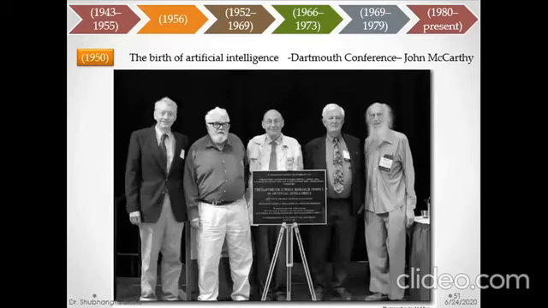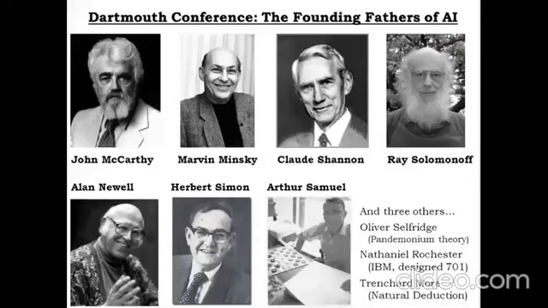The birth of artificial intelligence took place at the Dartmouth Conference by John McCarthy. The Dartmouth Conference was conducted by the founding fathers of AI: John McCarthy, Marvin Minsky, Claude Shannon, Ray Solomonoff, Allen Newell, Herbert Simon, and Arthur Samuel.